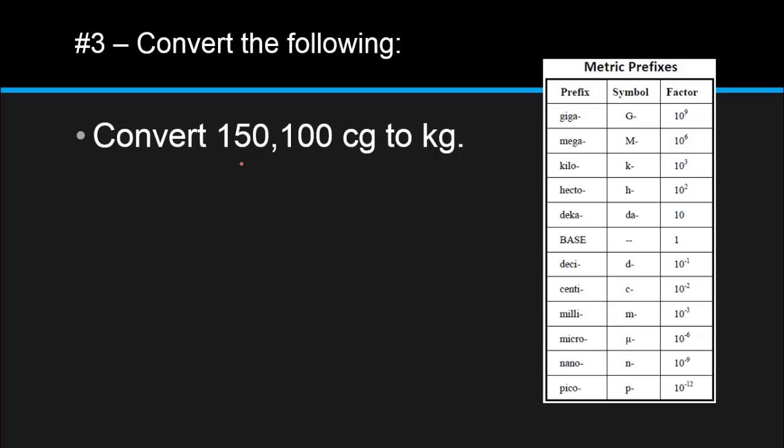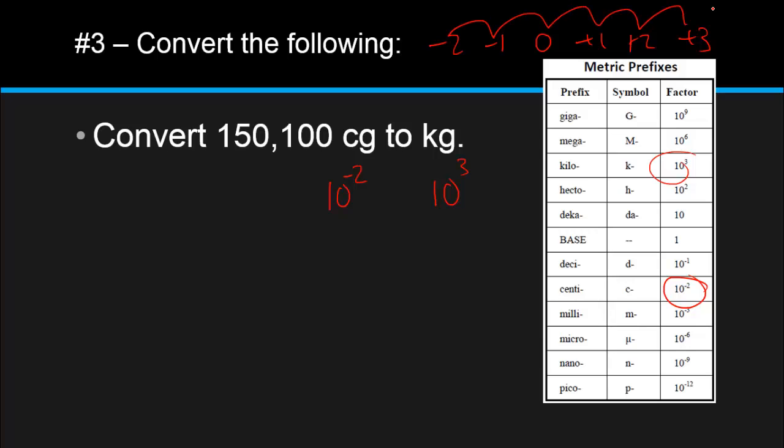Okay, so for this one, we start with centi. Centi is 10 to the negative 2 right here, and kilogram is 10 to the positive 3 right here. So the space between negative 2 to 3 would be 5 spaces. It would be like negative 2, negative 1, 0, positive 1, positive 2, positive 3. So it would be 1, 2, 3, 4, 5 spaces a jump.